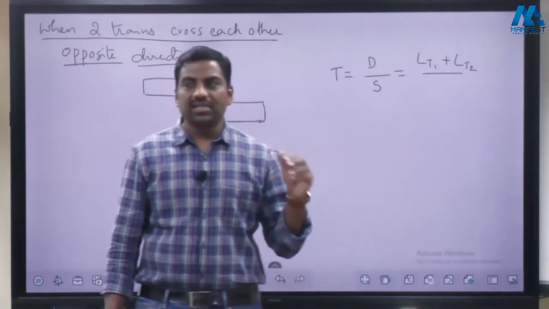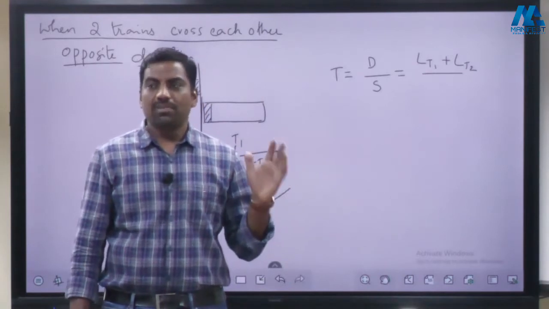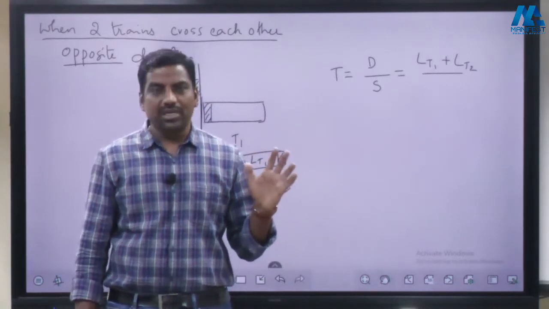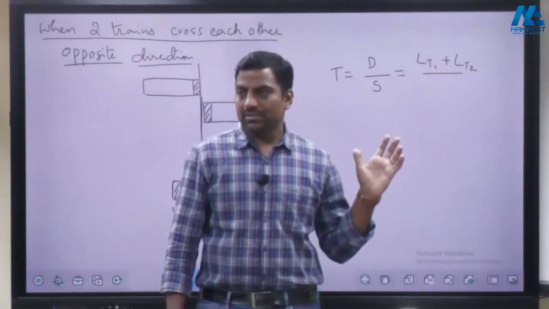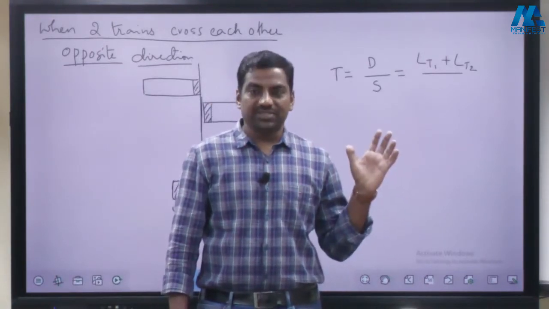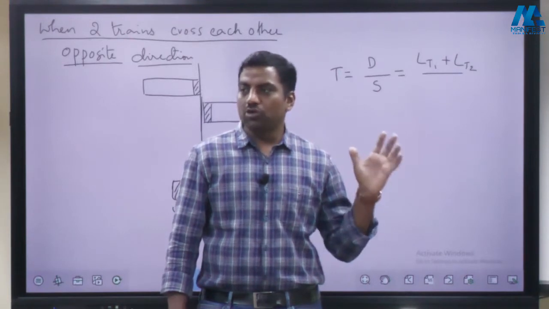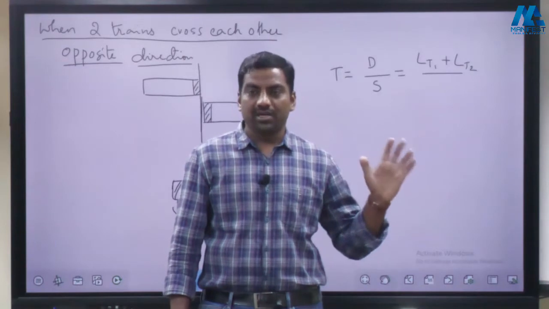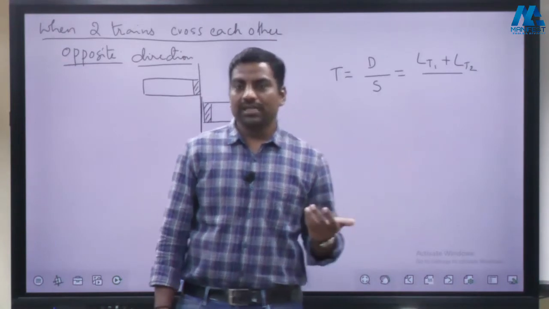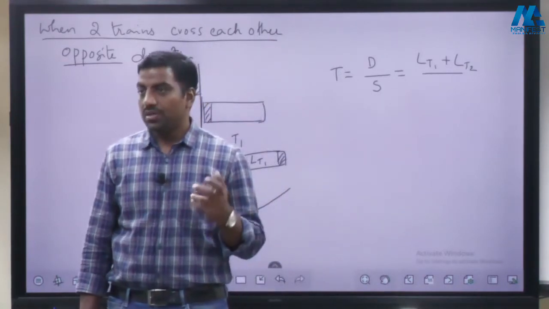So we took length of the train plus length of the platform. In this case, both objects are trains and both are moving. Yet we have taken their lengths in the numerator: length of train 1 plus length of train 2.